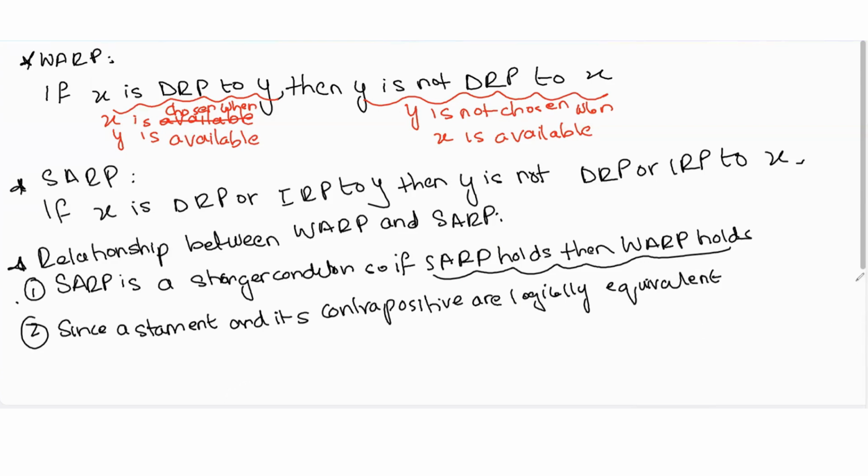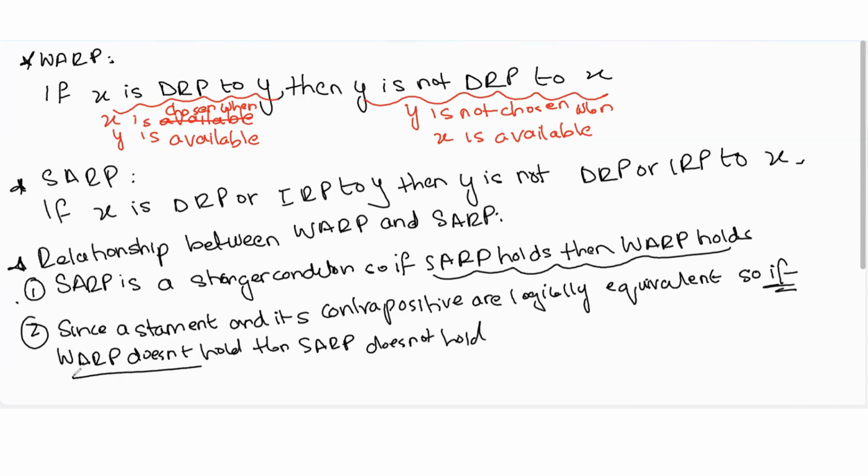If WARP does not hold, then SARP does not hold. This is the second relationship between them. This actually follows from the first relationship, so let's look at the logic of why it follows.